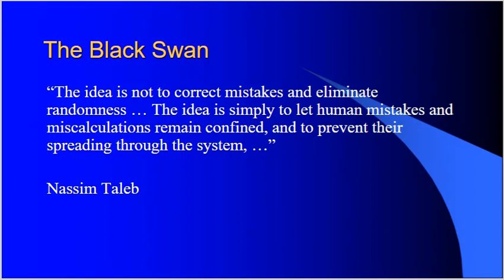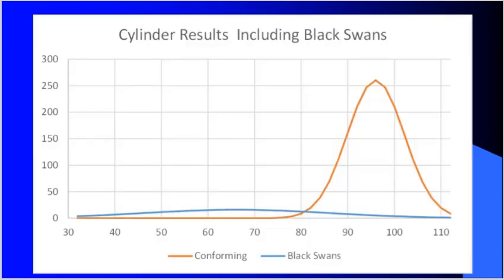So let's revisit the cylinder results and include the black swans, the unexpected events. So we all know, I think, that although typically concrete has a small standard deviation, there are events that happen which mean that it may have much lower strength.